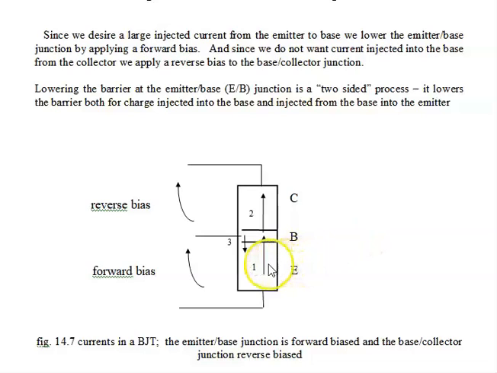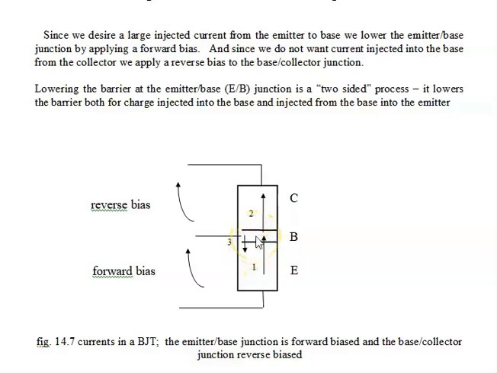It shows a chunk of holes, this is a PNP, which are thrown in from the emitter into the base, and they continue and are collected by the collector. And here we've added another component, because this is a PN junction right here, PN.